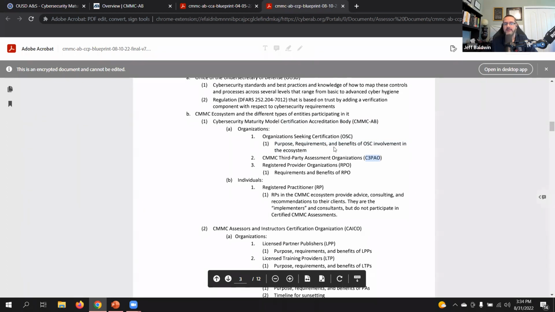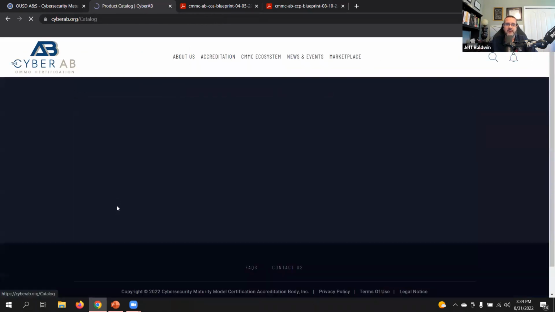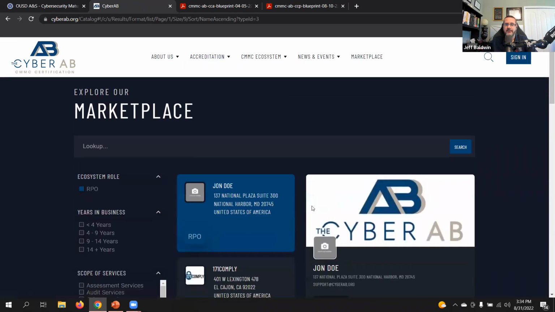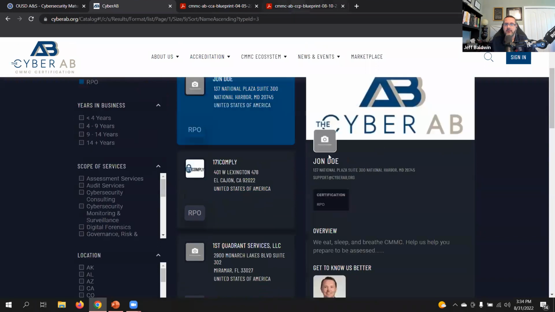These are the ones that will be performing those assessments. And then you have the RPOs, which is the registered provider organization. So basically they have registered as an entity in the marketplace with the Cyber AB. So they get to be listed in that marketplace. So if you go back over here, there's the marketplace, and you can look at the RPOs and see who's on there.